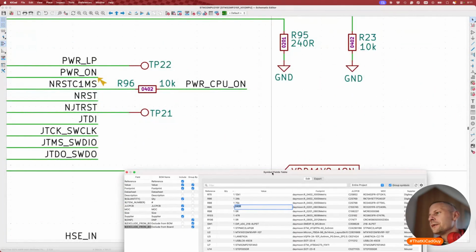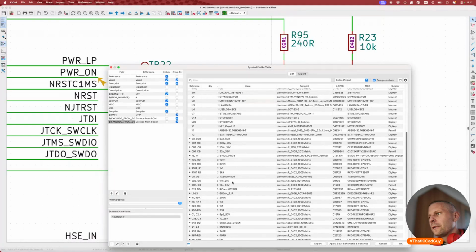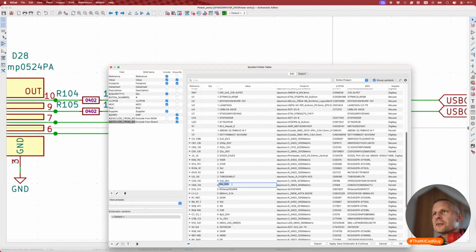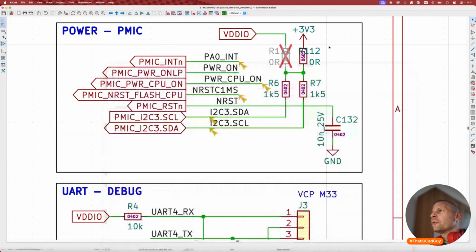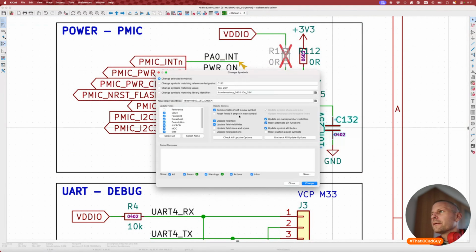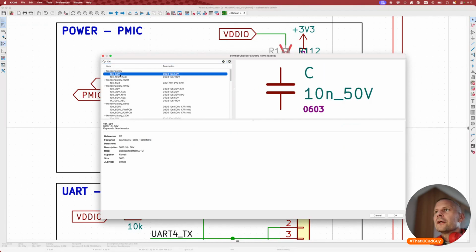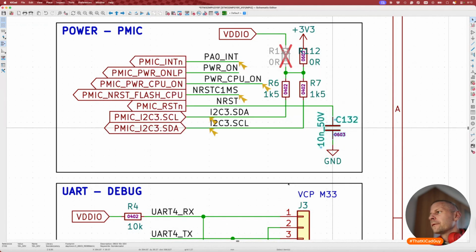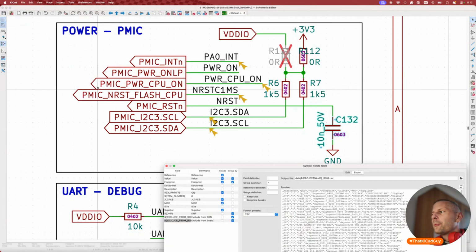Yeah, we need this, definitely. 10 nanofarads 50 V, and I can see 10 nanofarads 25 V. Okay, that can definitely be consolidated with the better one. 50. Perfect. Yeah, plus.